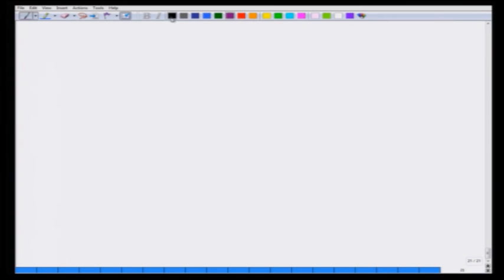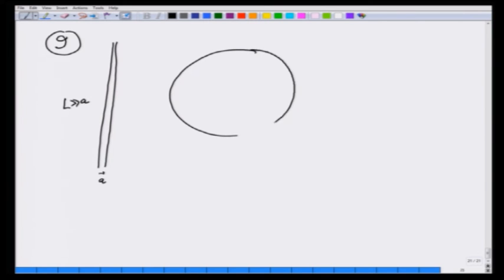Next, problem number 9. Consider a thin solenoid of length L and radius A. L is much greater than A, so that when I turn it into a toroid, a ring shape, then this radius r is much greater than A. It is bent into a ring, so that it becomes a toroid, which is kept with its center at the origin.